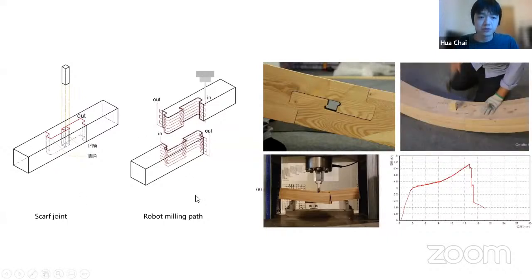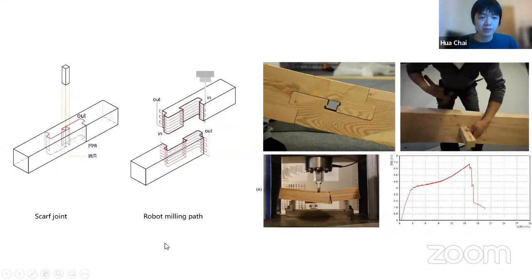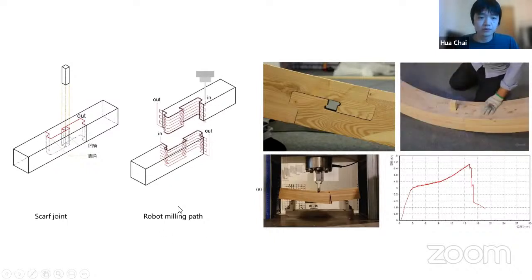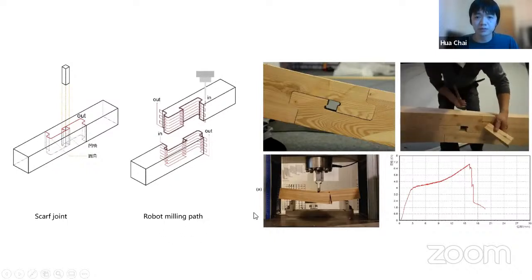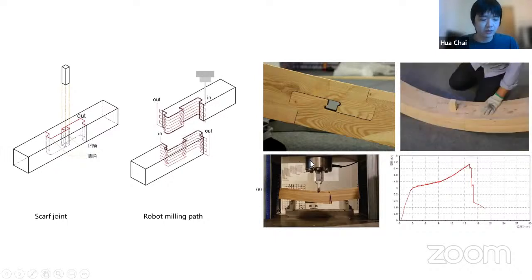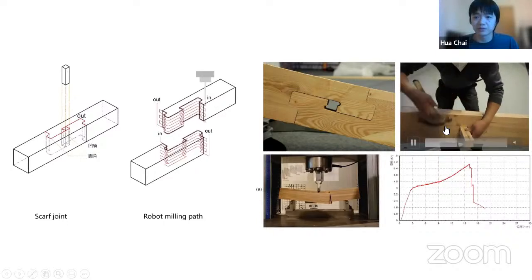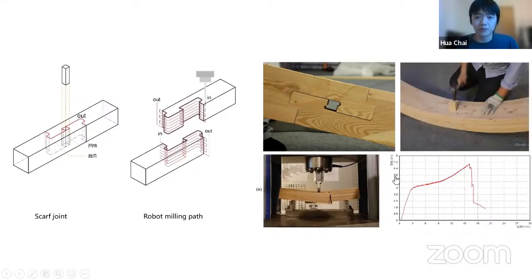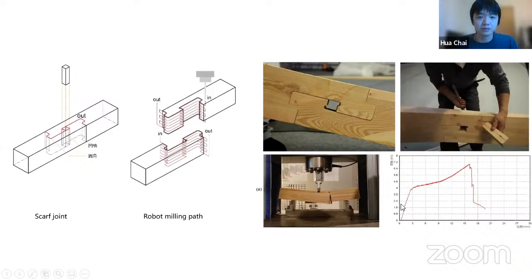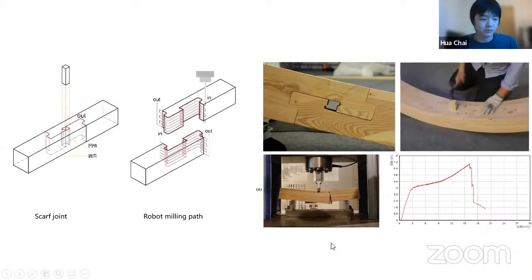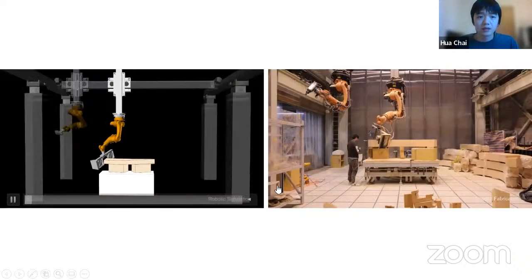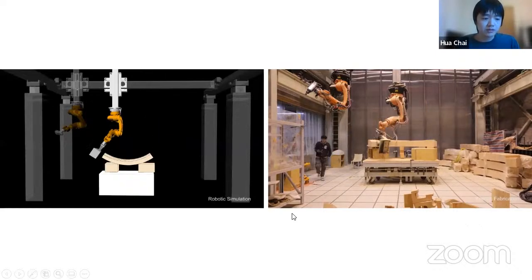And the joint is modified to be produced with a robotic milling process, and it could be assembled very fast on site with just hammering the additional blocks.